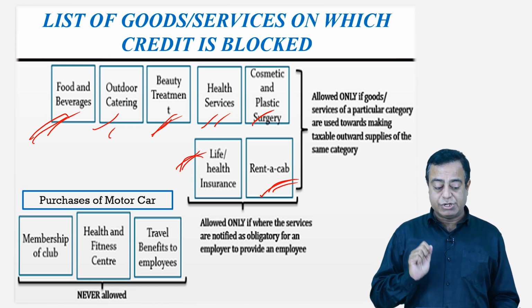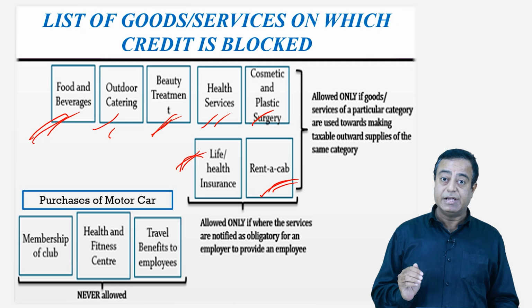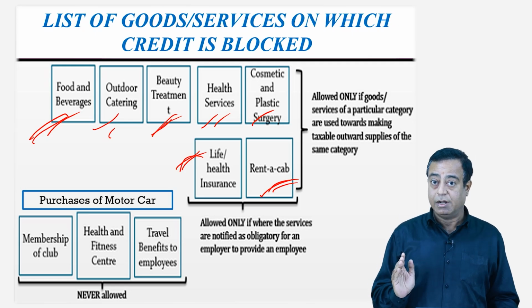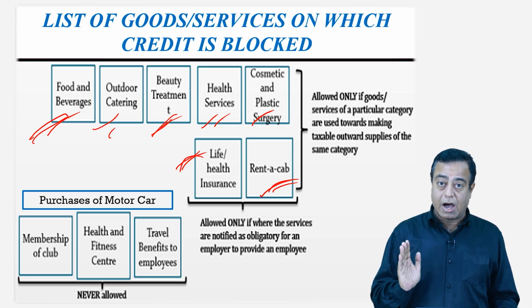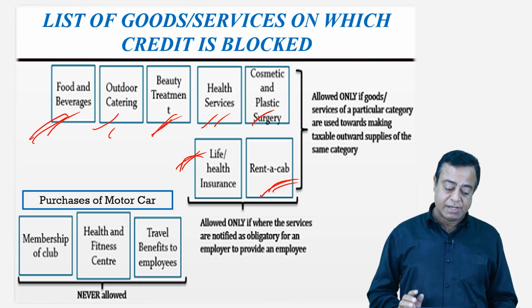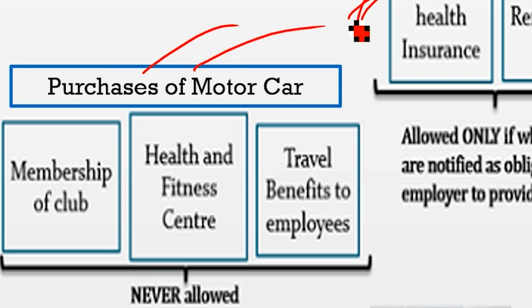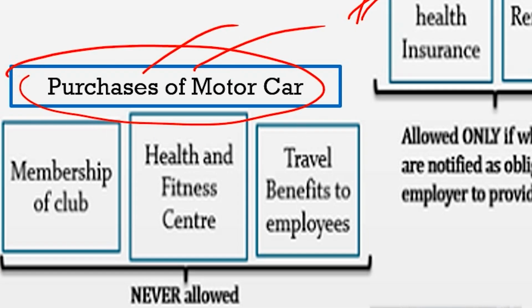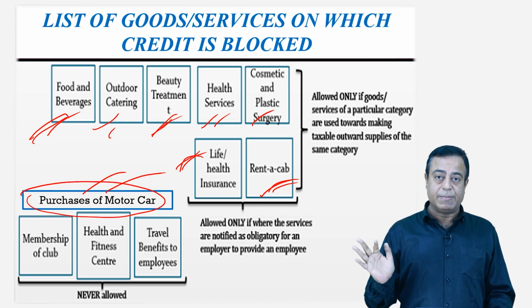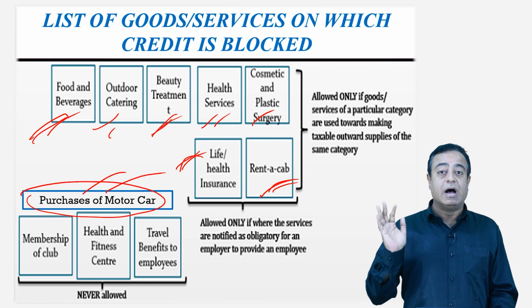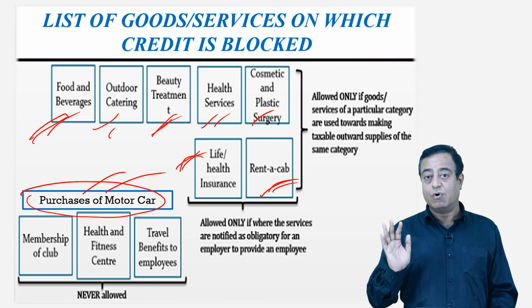Next, the most important point: if a trader purchases a motor car, even for business, the ITC cannot be claimed. GST paid on the purchase of a motor car cannot be claimed as ITC. If it is a transport company using the motor car for taxi purposes, then ITC can be claimed. Otherwise, an ordinary businessman cannot claim ITC on a motor car.